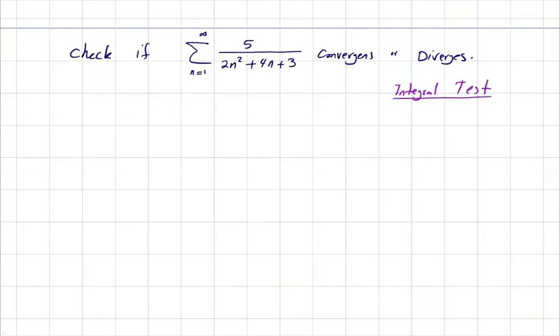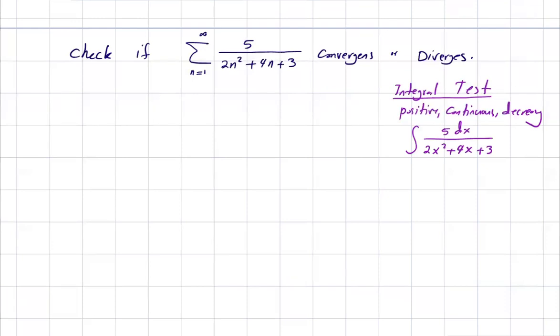The function is continuous, positive, and decreasing. And at the same time, you need to check the integral of 5 dx divided by 2x squared plus 4x plus 3. I'm going to give you an easier method.